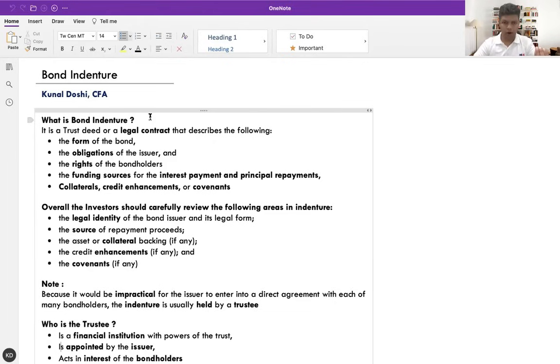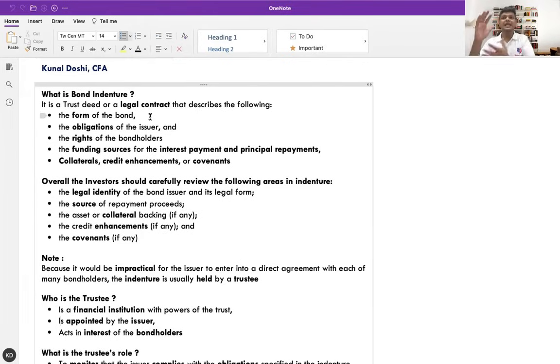This is a legal contract, right? What does a legal contract describe? Well, it describes everything between the borrower and the lender. It describes the form of the bond, the type of the bond, the obligation, what are the rights of the bondholders, what is the responsibility of the issuer, where is the issuer going to generate the capital to repay, right? What are the sources of income of the issuer?